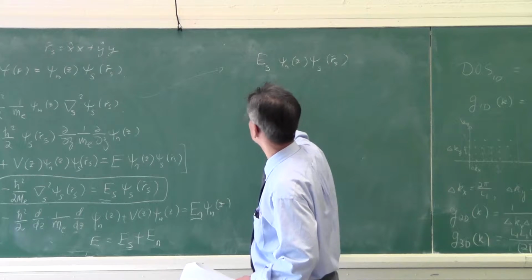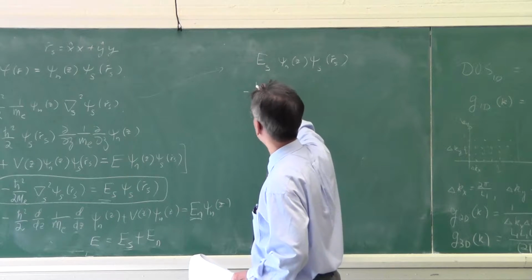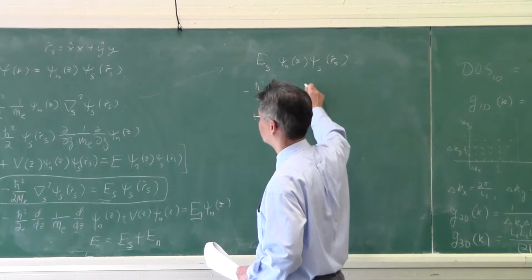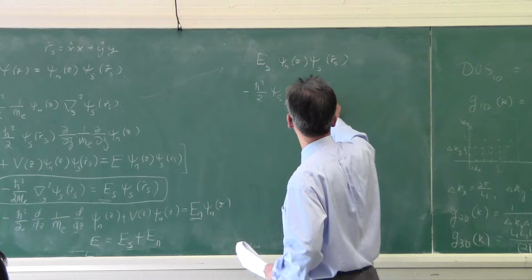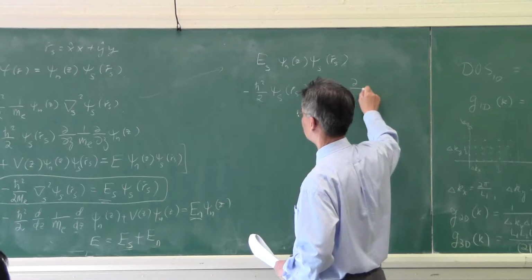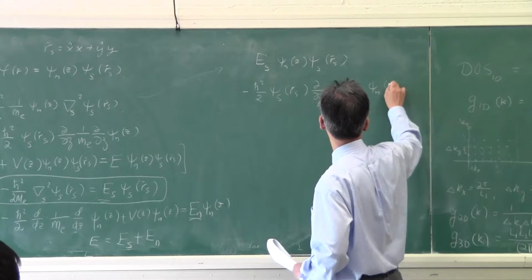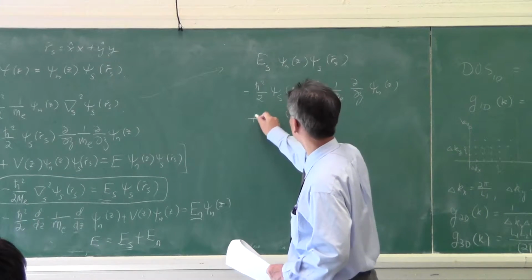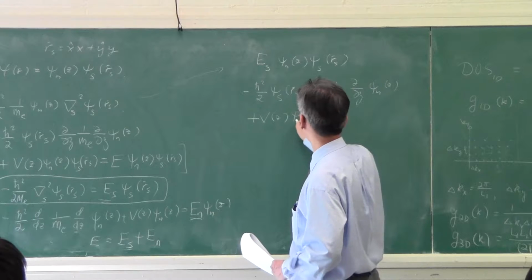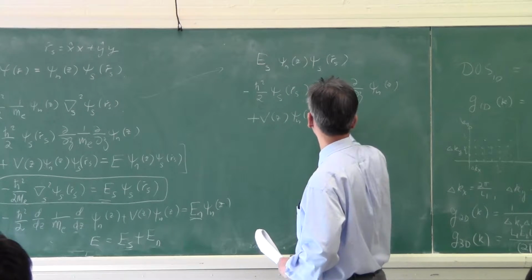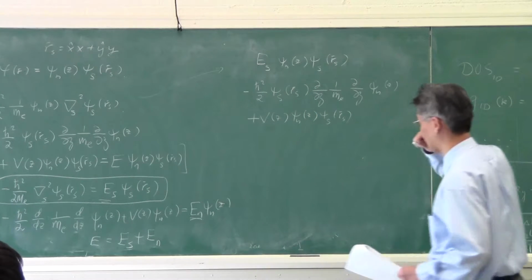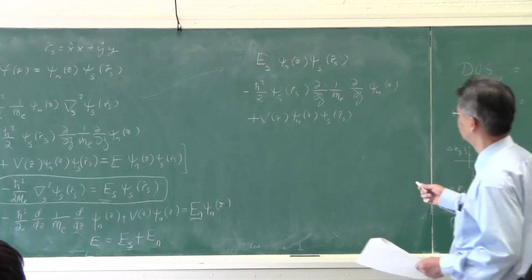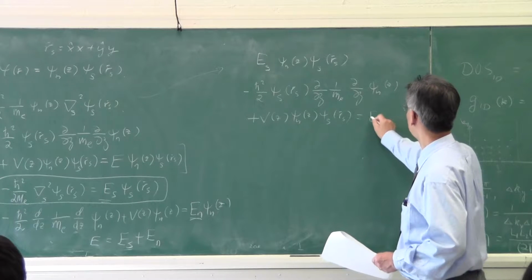And then the second part is just h squared over 2 psi s of r s, 1 over m e, partial z of psi n. The third part remains the same, V z psi n z psi s of r s. And the right hand side remains the same.